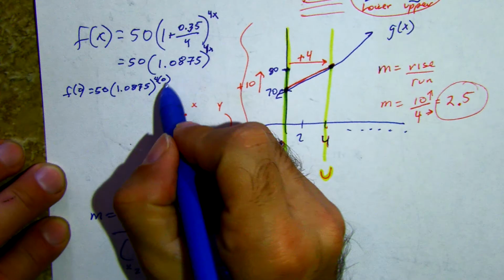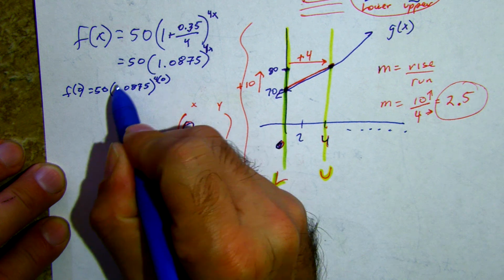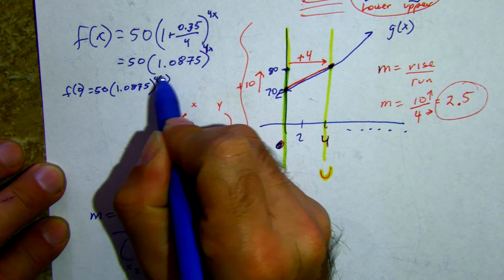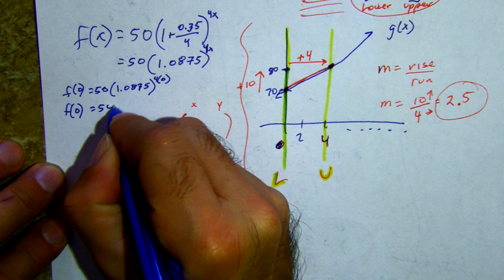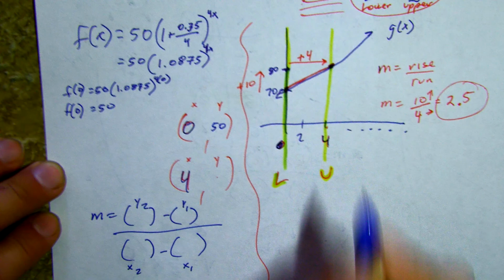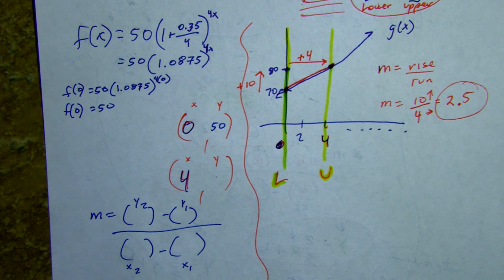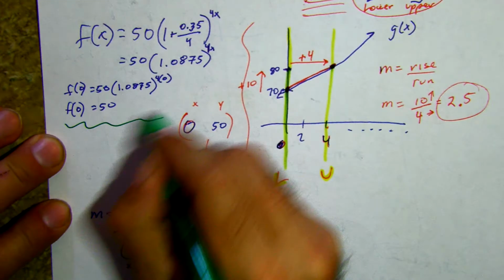Perfect. So I know that all of this, the parenthesis, all of that is going to be equal to 1. And what is 50 times 1? 50. I found 1 point. Awesome. Now, the next one, we need to plug in 4 for x.